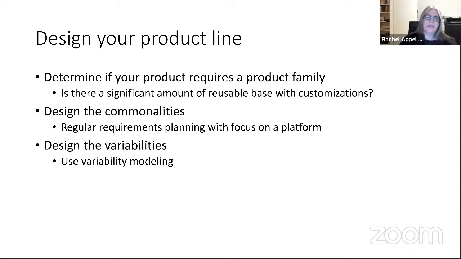Commonalities you can just use with your regular old requirements. So maybe you actually do use cases and UML. Maybe you don't. Maybe you just do text-based requirements, or you just jot down stuff on a napkin. Whatever you do, commonalities can go in there. Variabilities, you can actually use a small modeling technique that will help disperse them across the line and give you a good picture of what's happening.